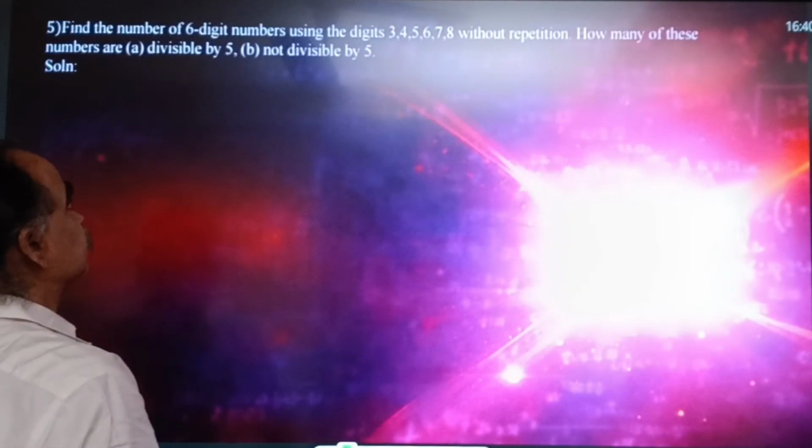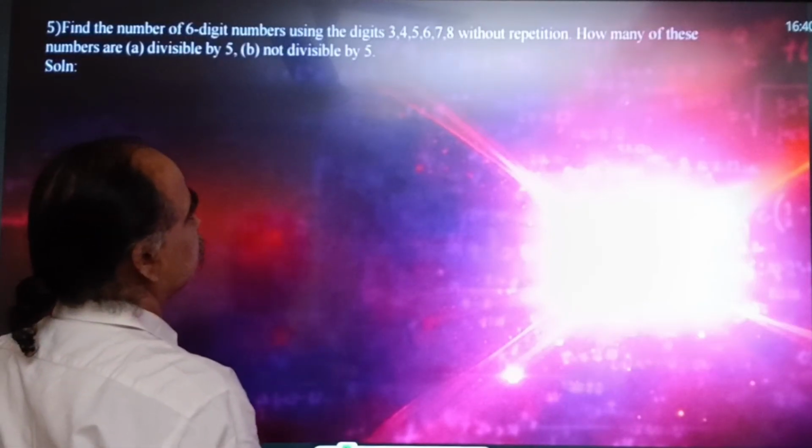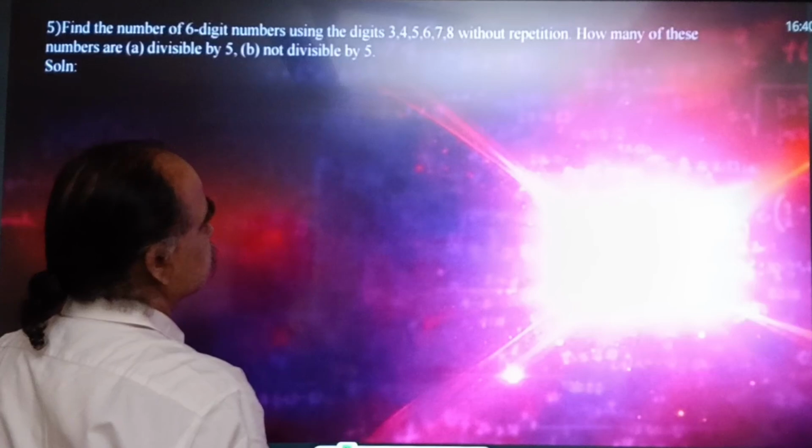Find the number of 6-digit numbers using digits 3, 4, 5, 6, 7, 8 without repetition.